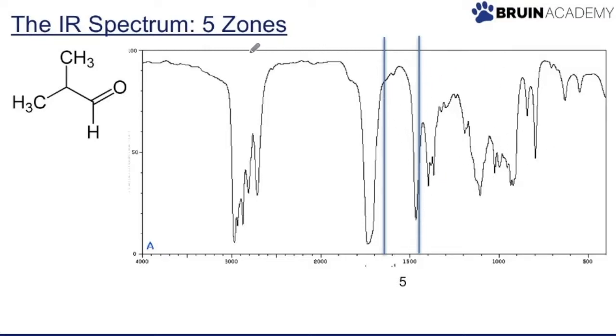Something to keep in mind with the IR spectrum is that there are always a lot of random peaks and things going on, so you just have to learn how to focus on the major ones that we're looking at. The only thing we could consider seeing in zone 5 is either an alkene or a benzene, but those are a little bit more distinctive. Besides, an alkene would be in the 1600 region, which is not where we are. So nothing of value here.